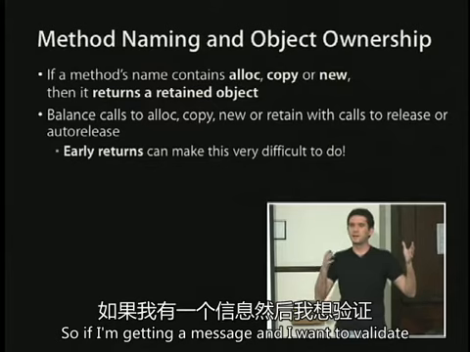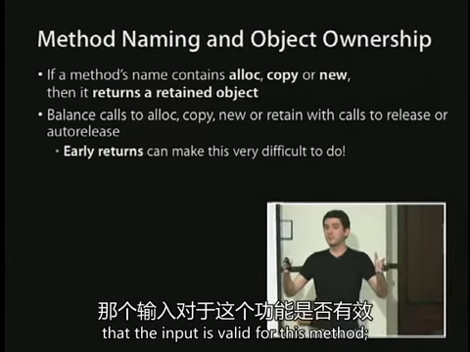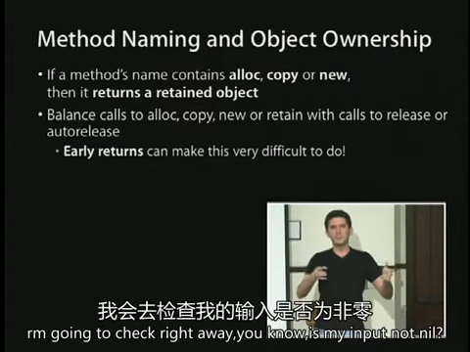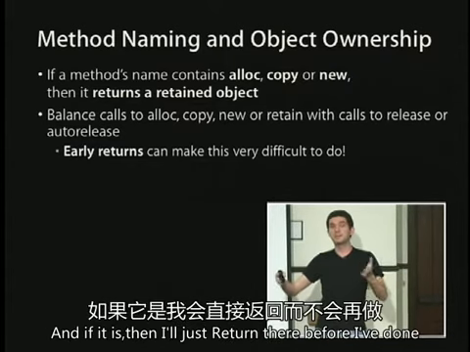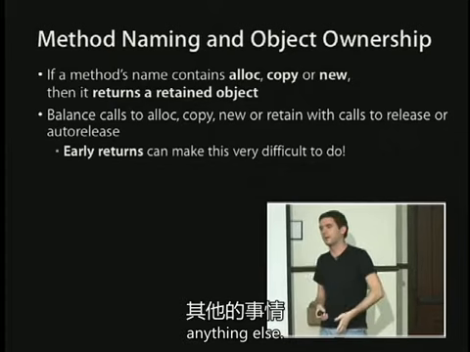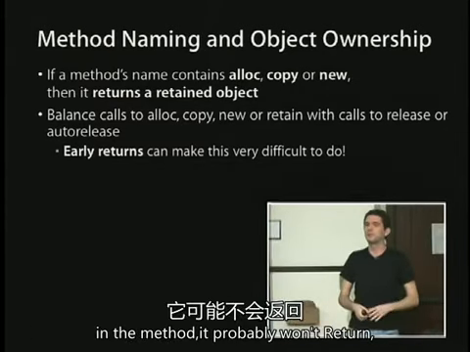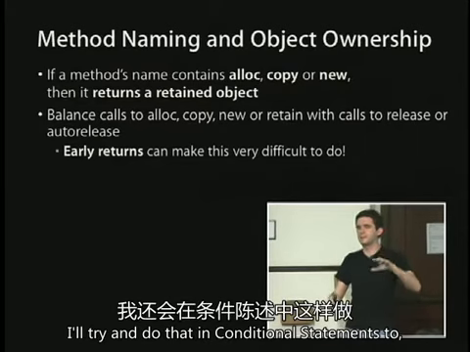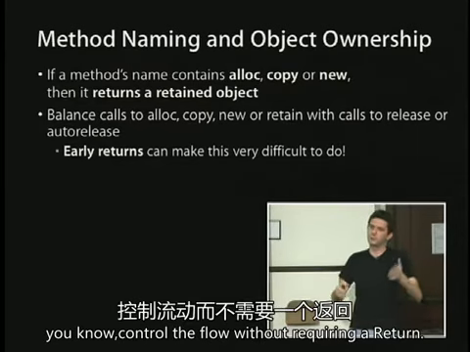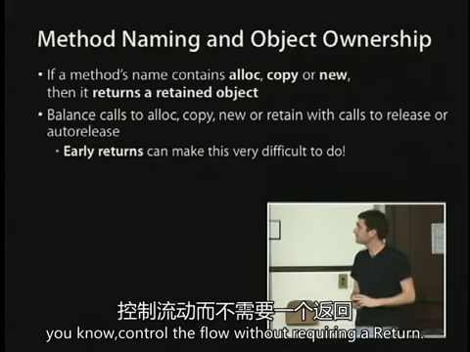So if I'm getting a message and I want to validate that the input is valid for this method, I might check right away, is my input not nil? And if it is, then I'll just return there before I've done anything else. But if I've started allocating objects or doing anything else in the method, it probably won't return. I'll try and do that in conditional statements to control the flow without requiring a return.